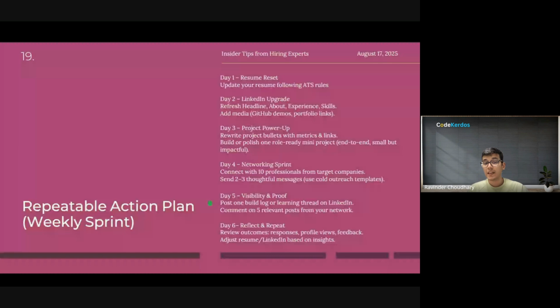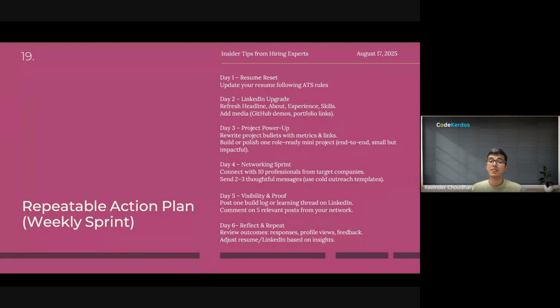Then guys, visibility and proof. So build at least one blog or create one post every week on LinkedIn, and you can probably comment on relevant posts to expand your network. Lastly, reflect and repeat. You review the outcomes, guys. After following this process, after a couple of weeks, you'll be able to see improvement in the number of people who are responding back.